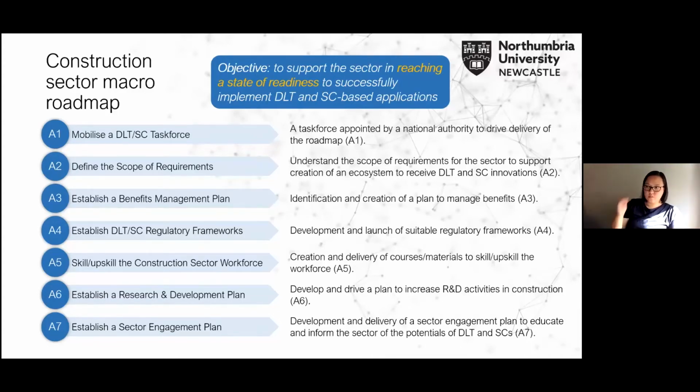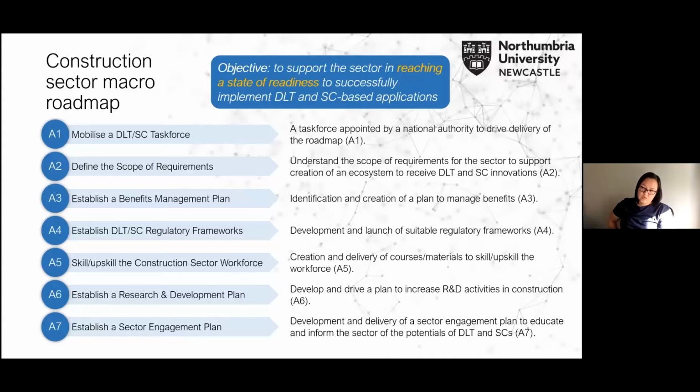So the first is to mobilize a task force. The second is to actually consider what we want as a sector, what are the needs of the ecosystem, how do we actually get to a point where we can deliver these applications. Benefits management plan, I think, is really key, just to be able to identify and realize benefits and push that out and use that as a basis to attract other organizations to use these different technologies.